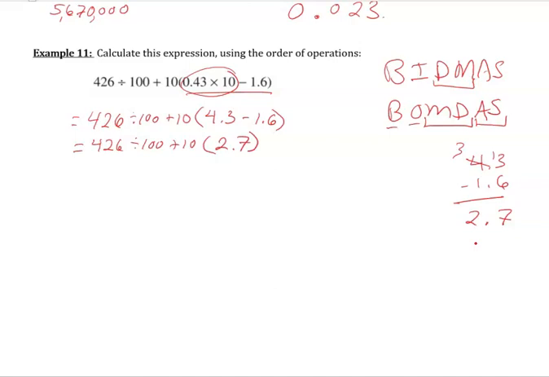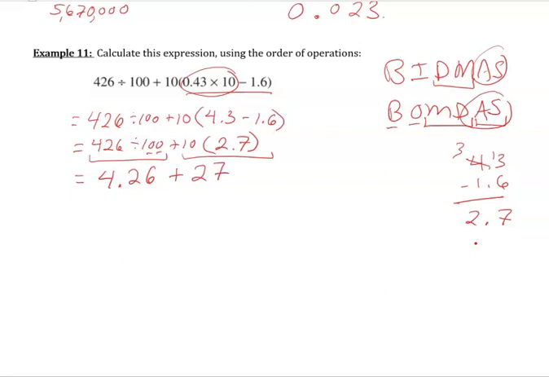Now it looks like I would do brackets next, but the reality is I can do this and this at the same time, as long as I do my multiplication and division from left to right. So 426 divided by 100 gives me 4.26, and then I do the other multiplication, because I'm not ready to do my addition and subtraction yet. 10 times 2.7 will make 27, because times moves the decimal to the right.